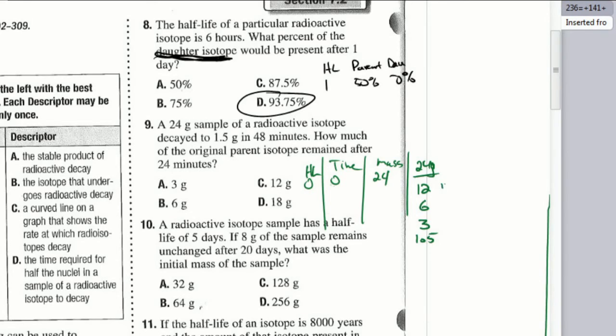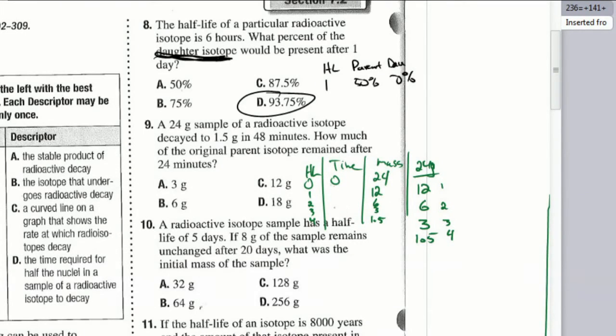So that's 1 half-life, 2 half-lives, 3 half-lives, 4 half-lives. 1, 2, 3, 4. I don't know how much time is passing, but I know I've gone from 24 to 12 to 6 to 3 and then to 1.5.